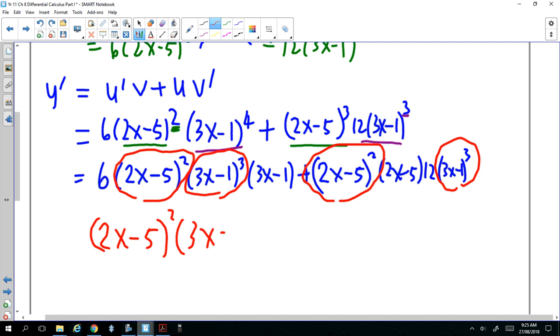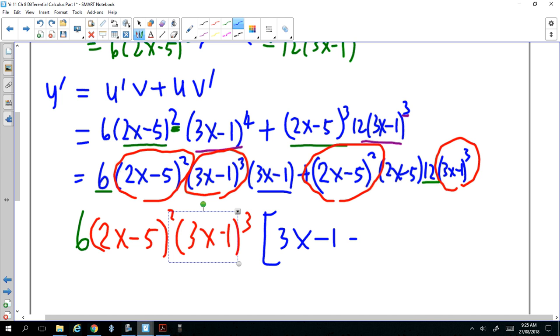Take the 6 out, and then you have 2 left. Let's write down the leftovers. The leftovers are (3x minus 1), and plus 2 because I took the 6 out, so the 12 becomes 2, and then you have (2x minus 5). A bit long, but if you do it slowly, you won't make a mistake. You could still make a mistake, but you can minimize it by doing a lot of questions.